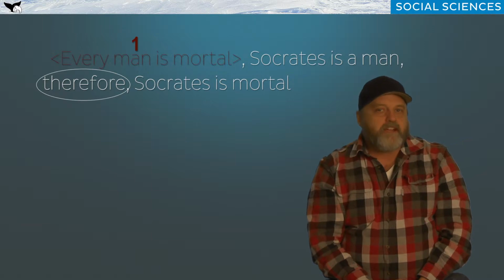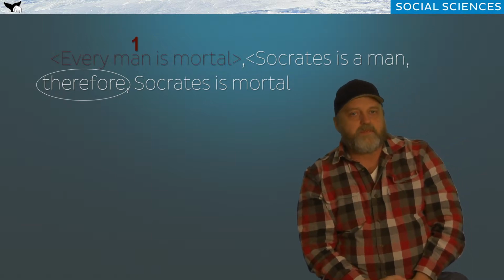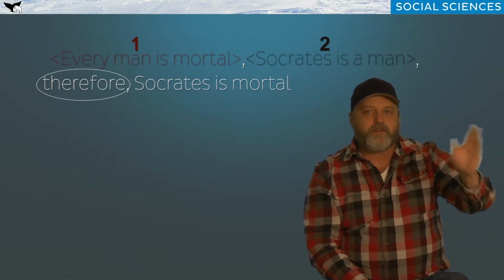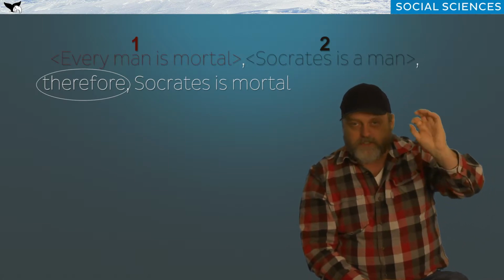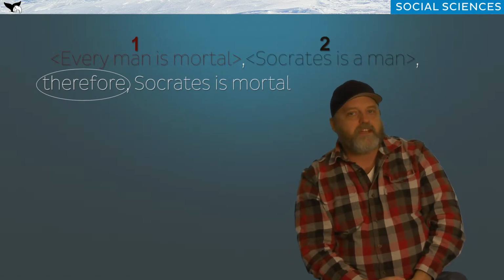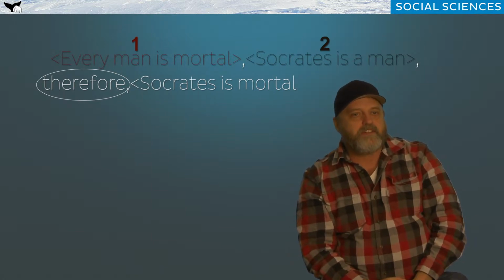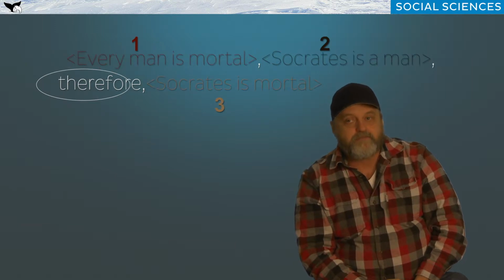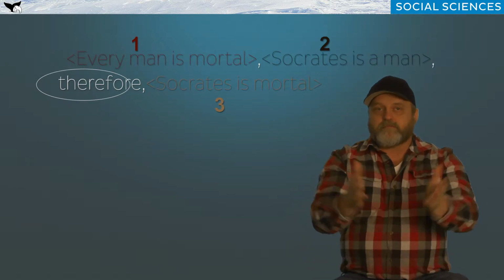You would begin brackets at "Socrates is a man," close brackets, that's statement 2. Skip over the "therefore," which is already circled. You've already done everything you need to do with that for the moment. And then you would open brackets at "Socrates is mortal," close brackets, that's statement 3.